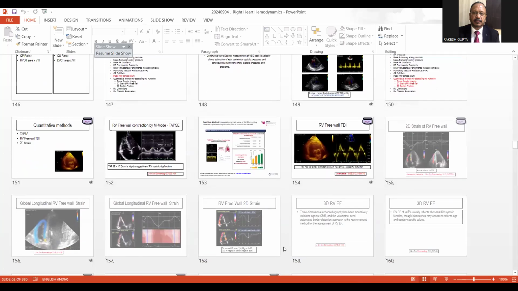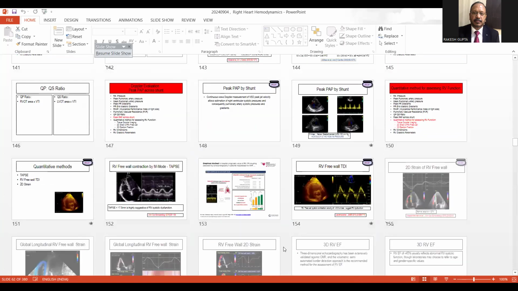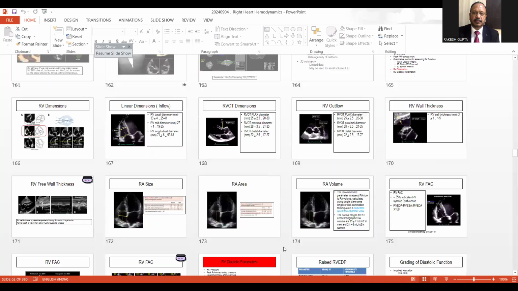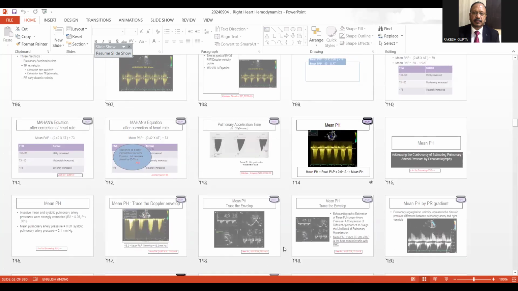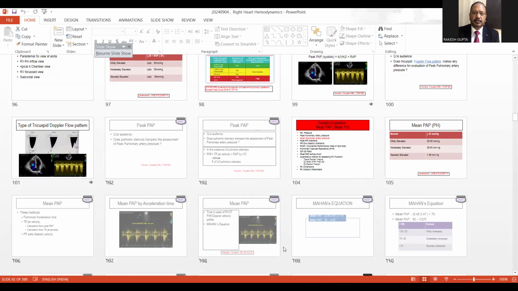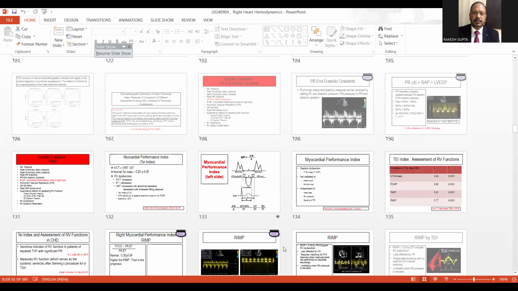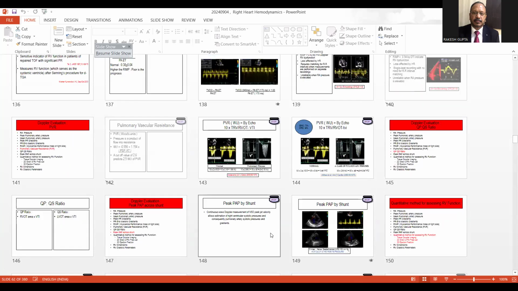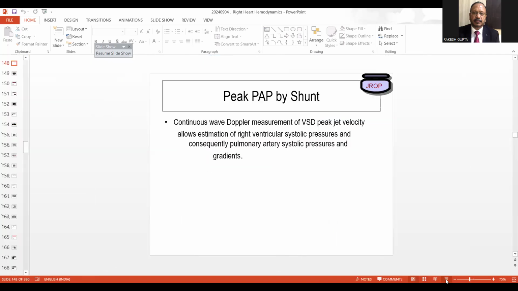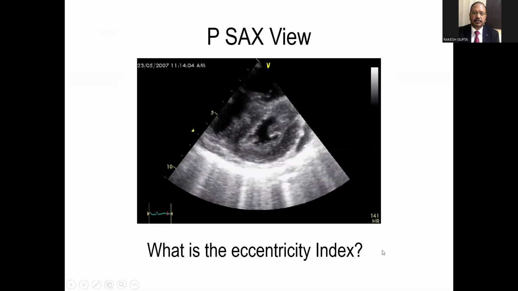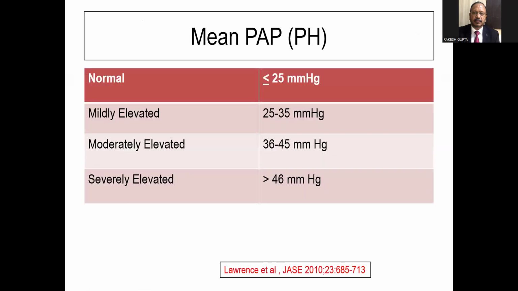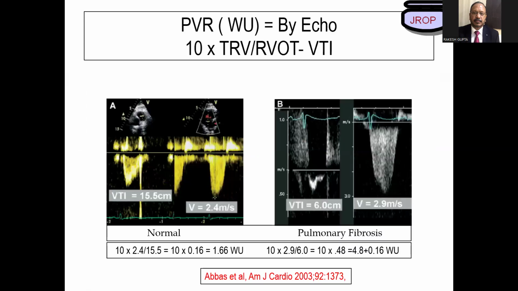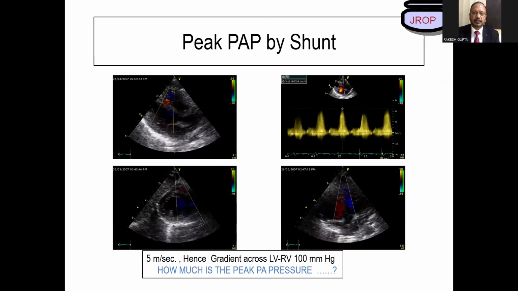So how do we look for pulmonary artery pressure across the shunts? Let me get back that slide. So this is what we look for.